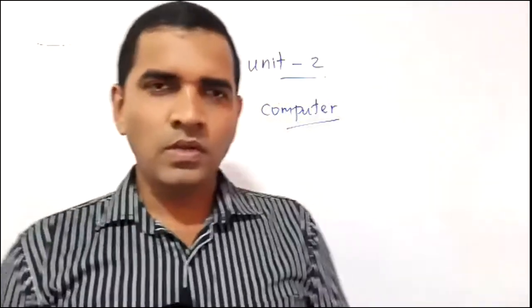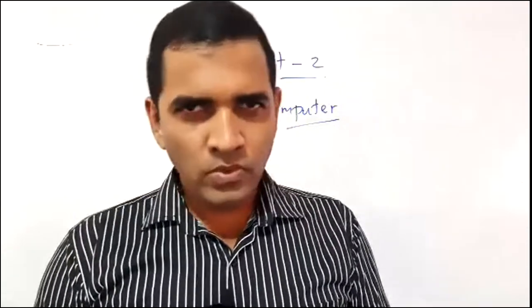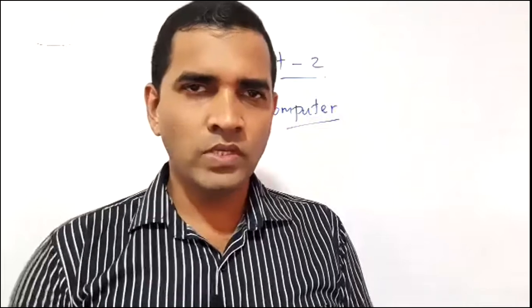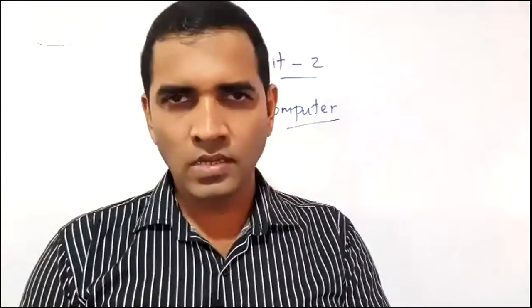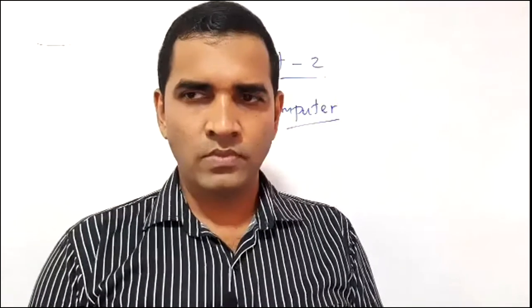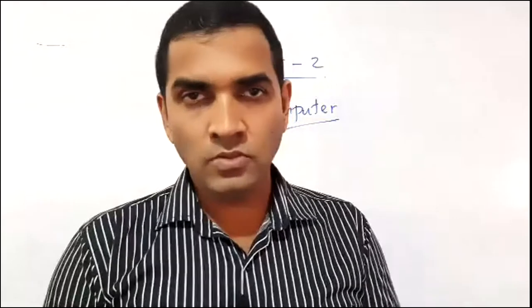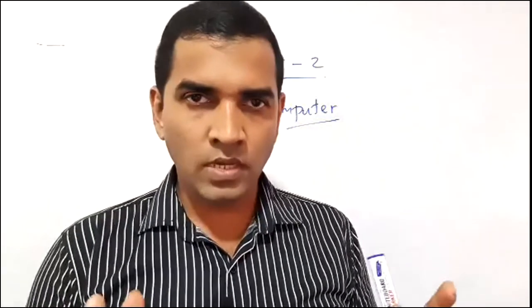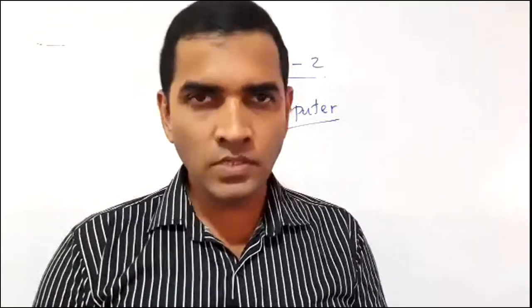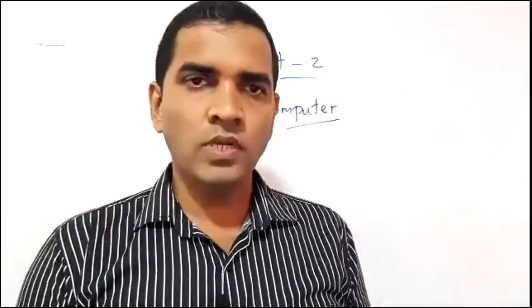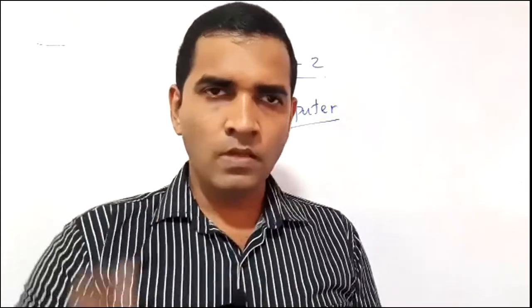So it's too simple. Computer is a machine which converts the data into information. That may be the very simple definition for computer. I repeat it. It's a machine. In fact, it's an electronic machine. You can add that particular phrase in your definition. Computer is an electronic machine.